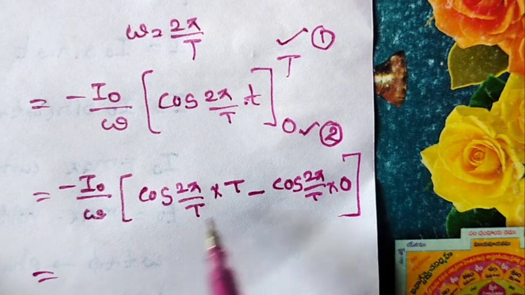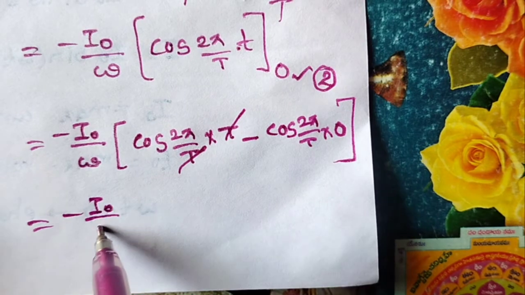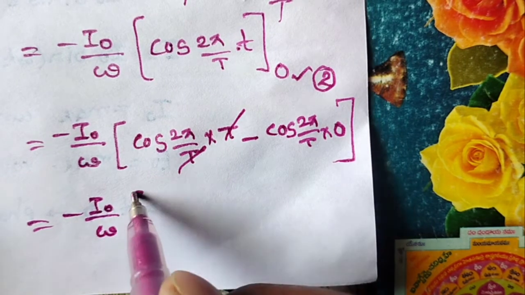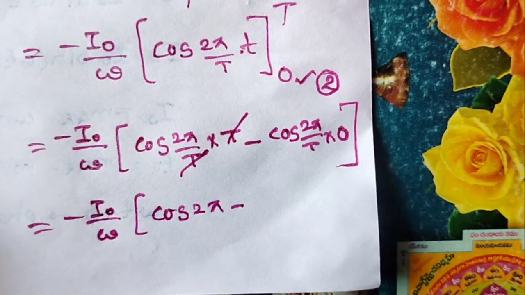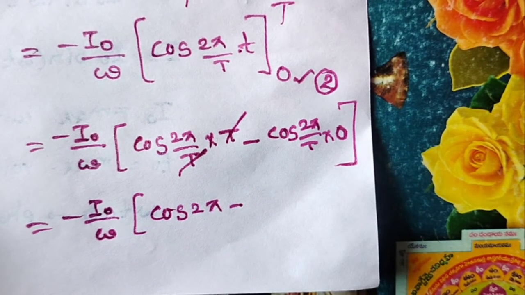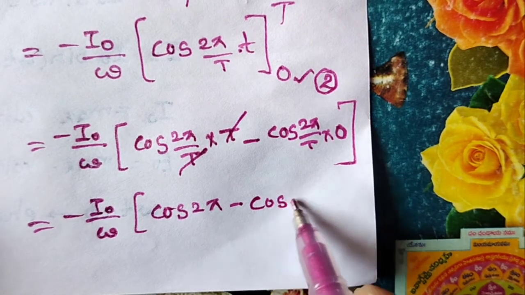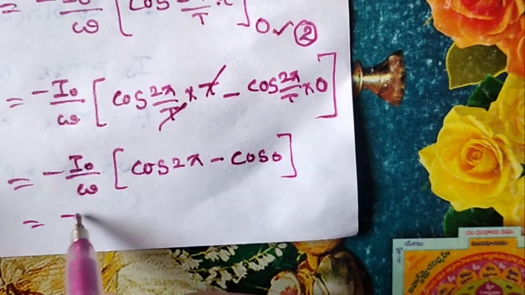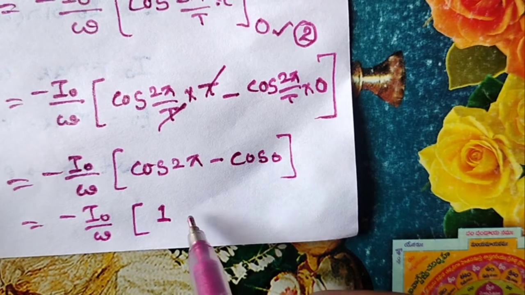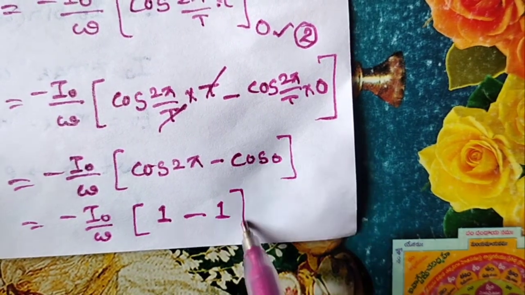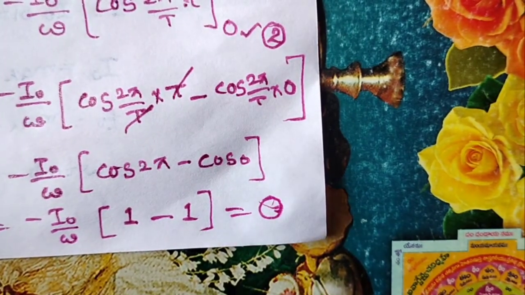So capital T cancels: minus I naught by omega, cos 2 pi minus cos of 2 pi into 0, which is cos 0. So cos 2 pi is 1, cos 0 is 1, and 1 minus 1 is 0. What is the total value? The total value is equal to 0.